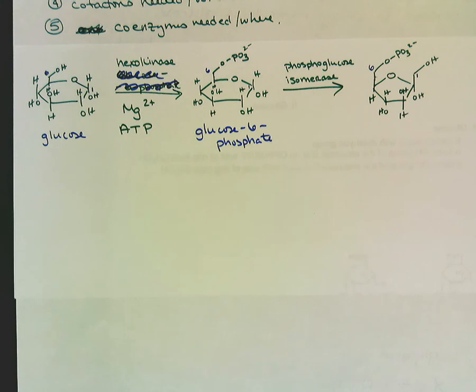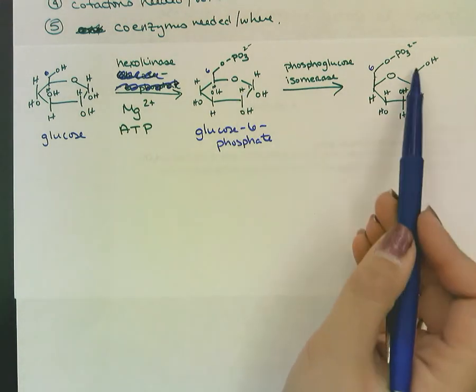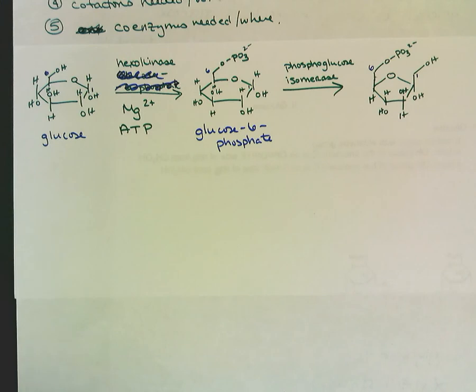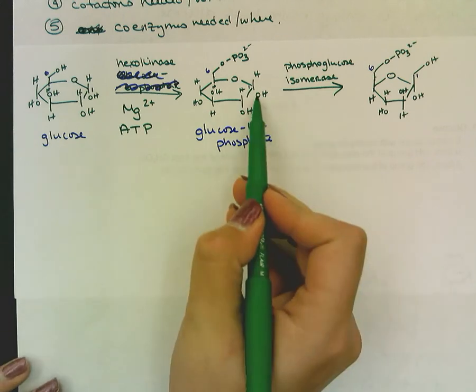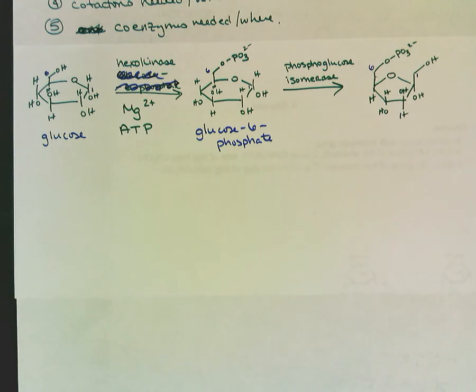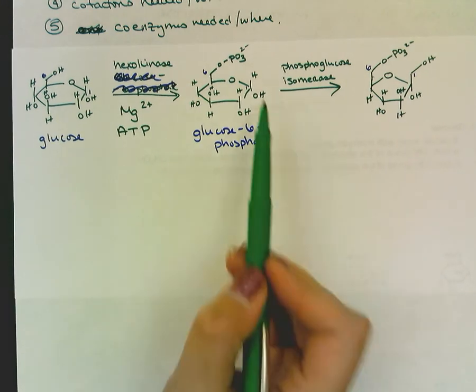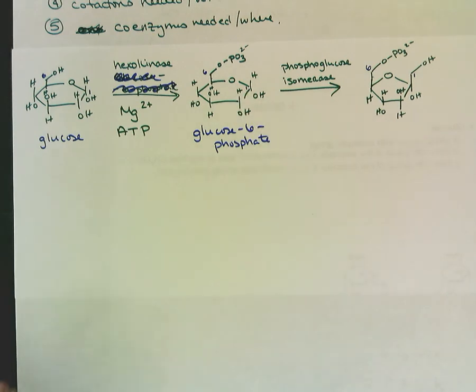So it does have an extra OH group. Our anomeric carbon was 1. There's just as many OHs. 1, 2, 3, 4. 1, 2, 3, 4. It looks funny, but it's off to the side.